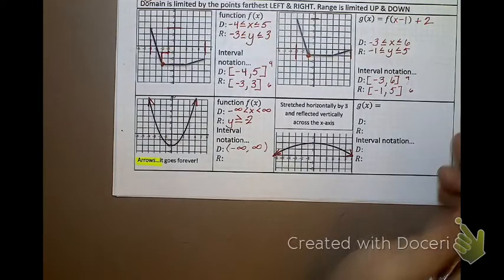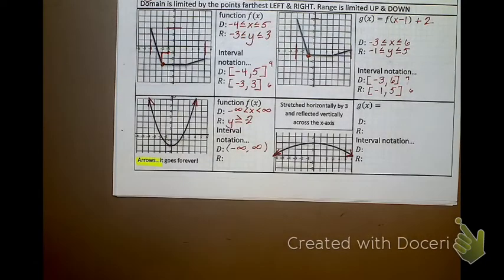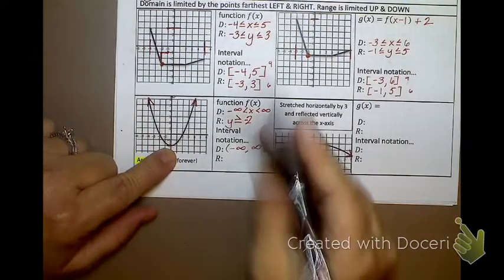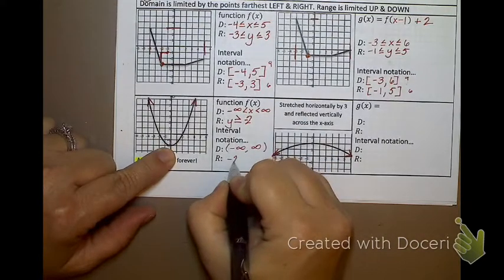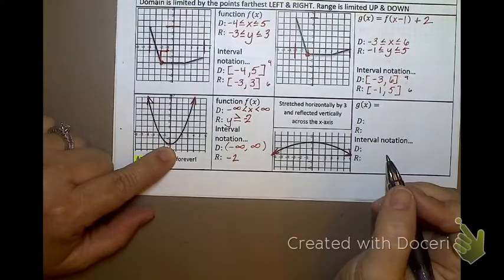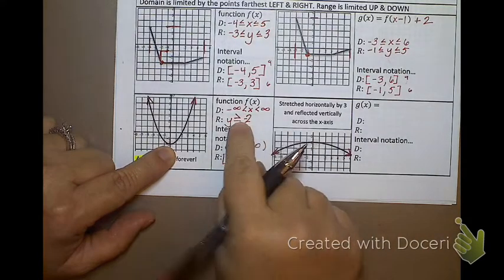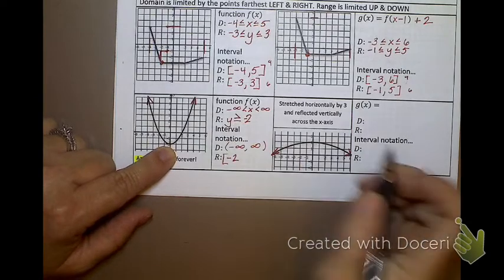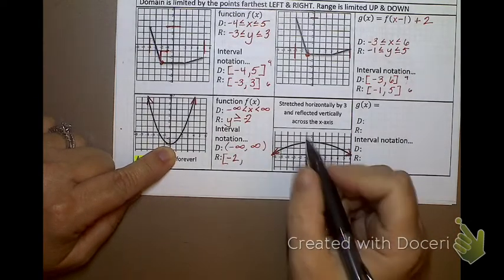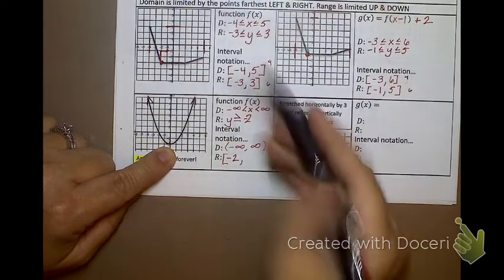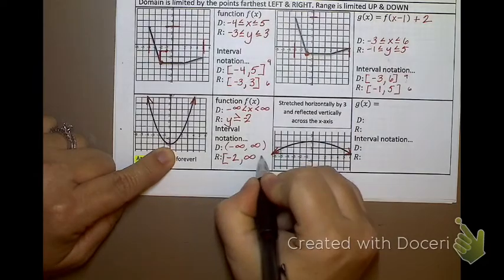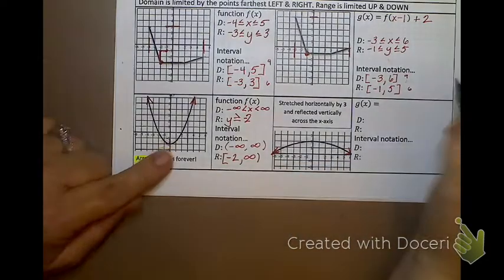What's that going to look like on my interval notation? What's the lowest point on my graph? -2, right? Does that -2 get a square bracket or a parentheses? Square bracket because it has the or equals to. What's the highest point? That's the one where it keeps going, right? So infinity, and I can't put a square bracket on infinity.